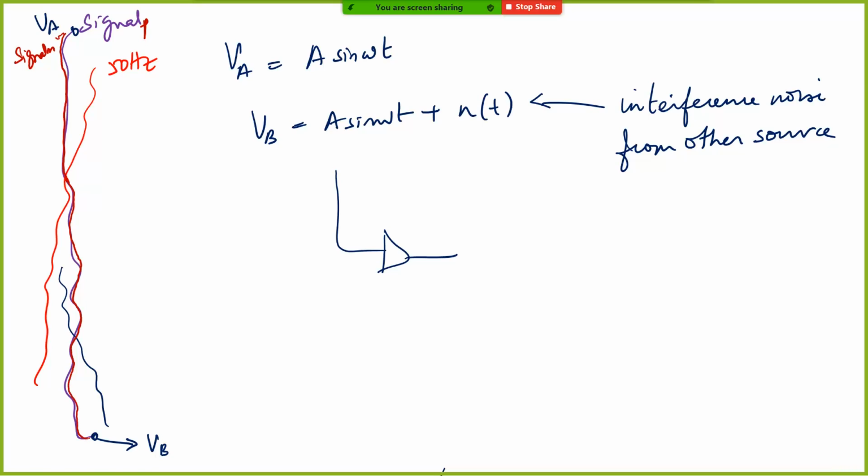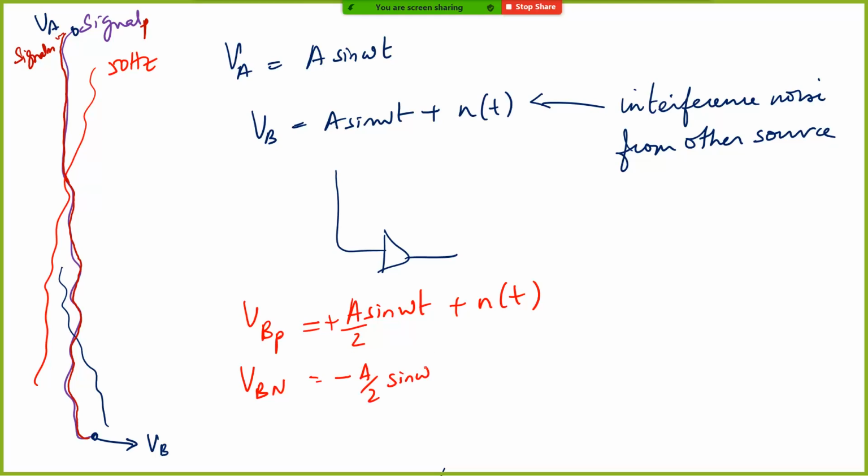Now what happens? Let's say V_P has A by 2 sin omega t plus n of t, and V_M has minus A by 2 sin omega t plus the same interference, because both are running together, right?